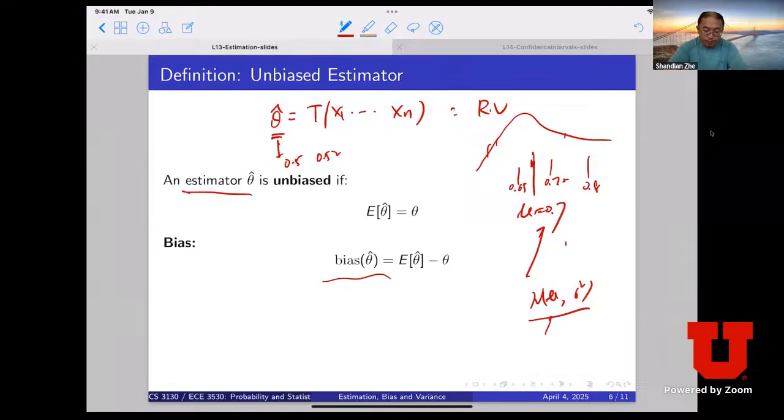And if the expectation of an estimator is not theta, then it is called a biased estimator. And the bias is directly computed as the difference between the expectation of the estimator and the ground truth. Question?